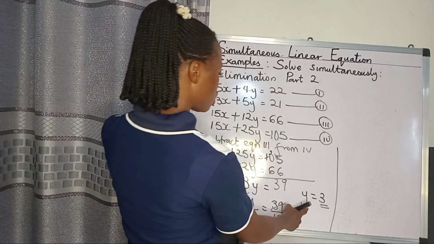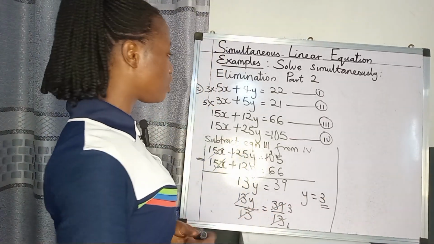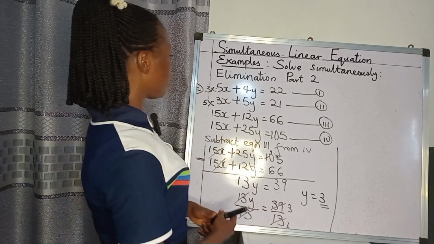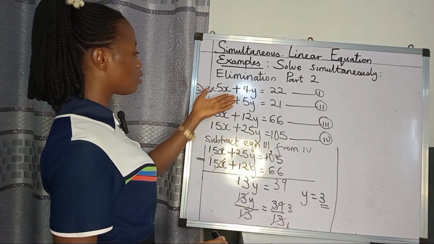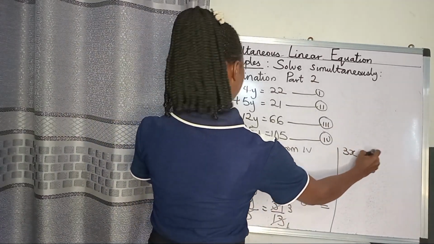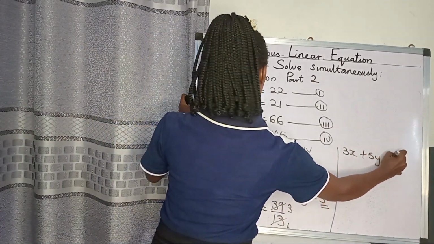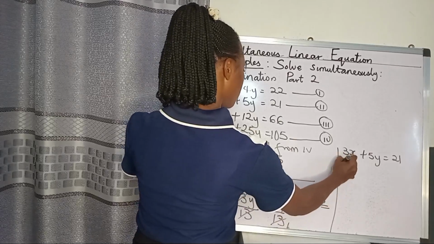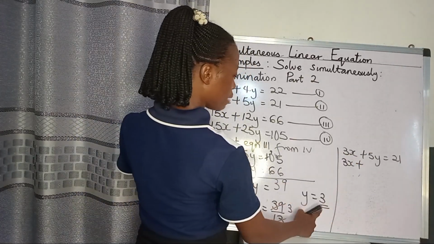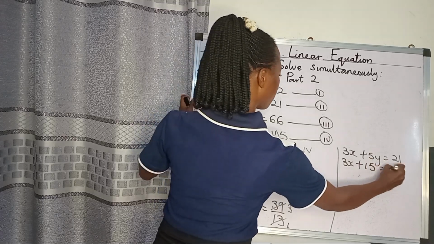To find x, we substitute the value of y into any of the equations. You can use equation 1 or 2 or 3. So let's use equation 2. Now 3x plus 5y is equal to 21. 5 times y, so 5 times 3 here is 15.